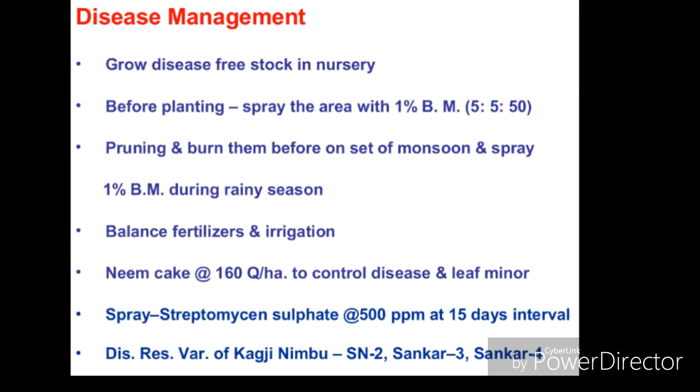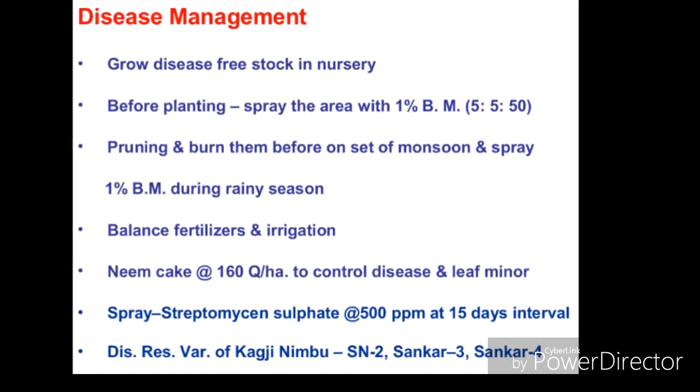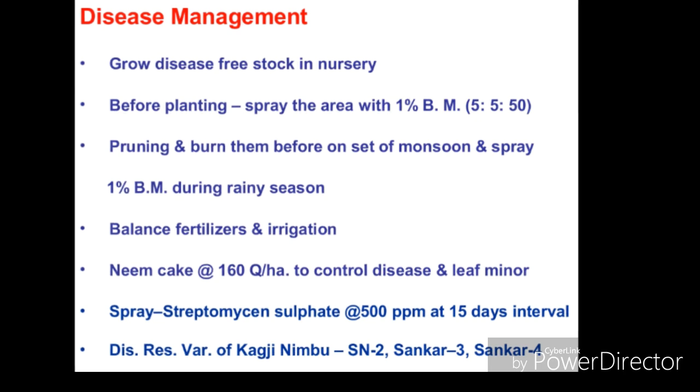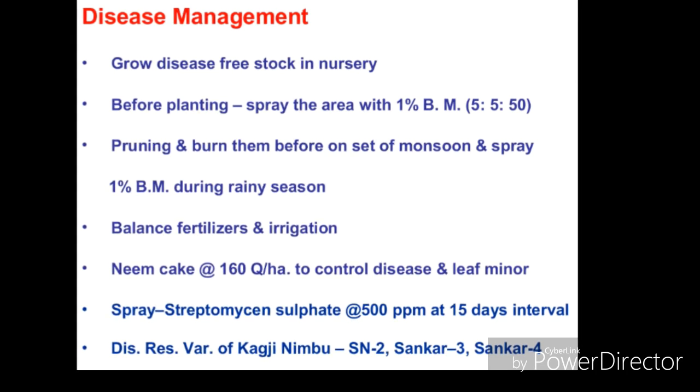You can also spray streptomycin sulfate at 500 ppm at an interval of 15 days. Among resistant varieties you can use Sanker 3 or Sanker 4, Kagzi, and Nemo SN2. These are all the disease management measures you can use to prevent the pathogen Xanthomonas.